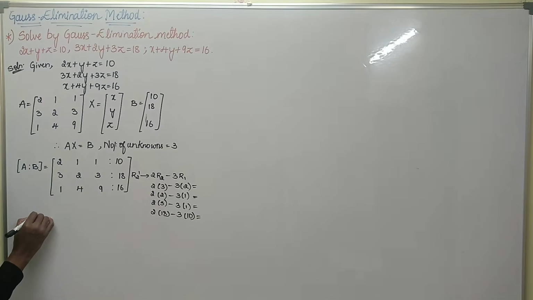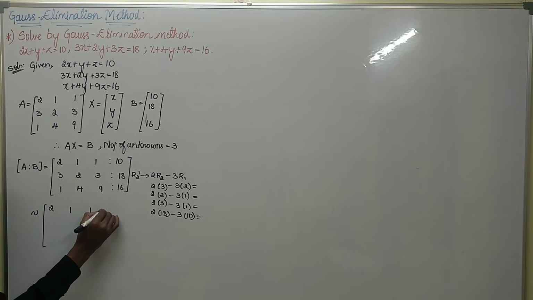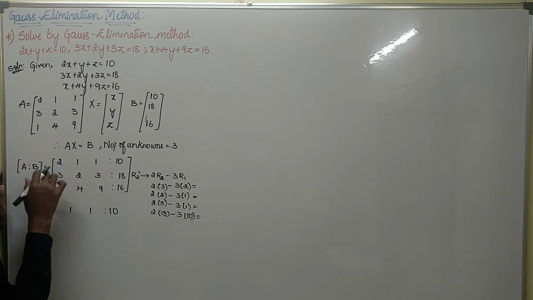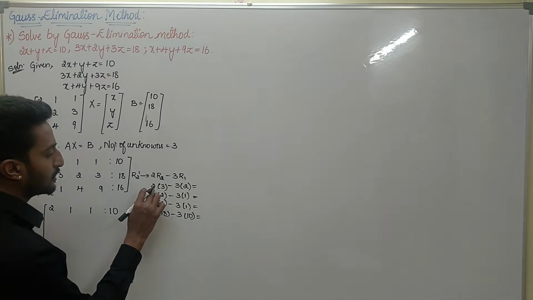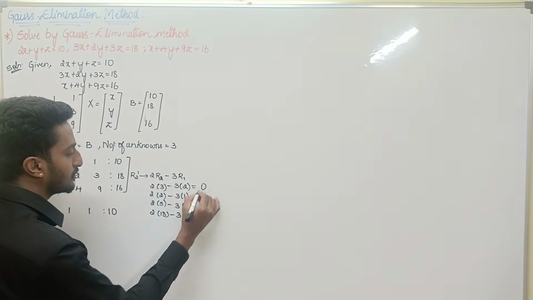Let us keep the first row as constant, that is 2, 1, 1 is to 10. Now I need to make the first element of the second row 0, that is 2 into 3 is 6, 3 into 2 is 6, 6 minus 6 is 0.